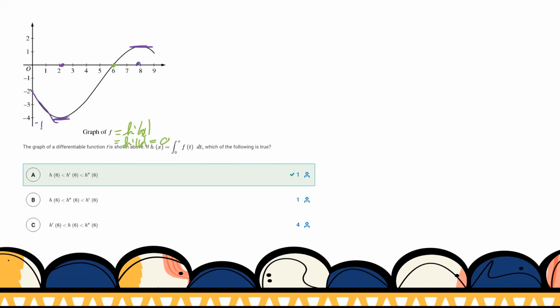And these are just approximations. Here the function's increasing, so it's positive all the way there. Obviously, this has a smaller slope than this, so it starts out small, gets bigger, gets smaller.